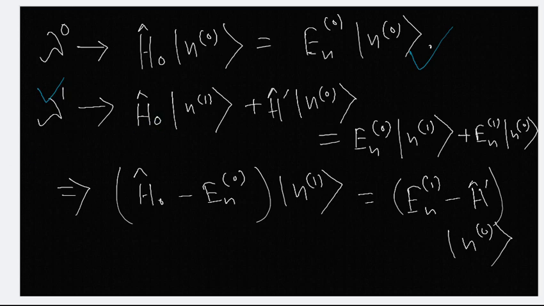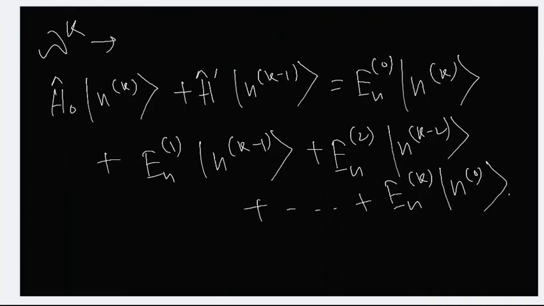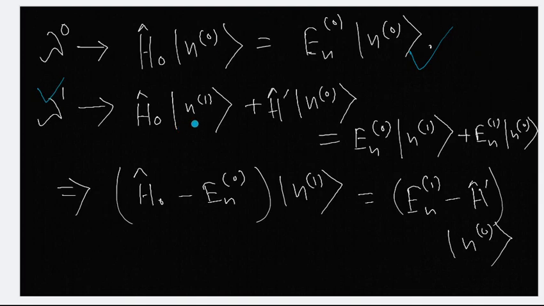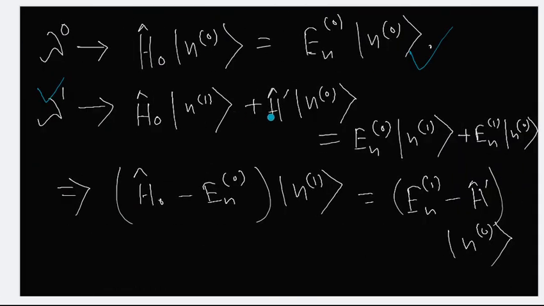So now I am writing the coefficient of lambda to the power 1, which is basically H naught minus E n naught of n1 equals E n1 minus H prime.